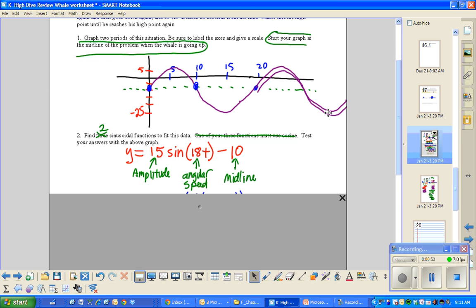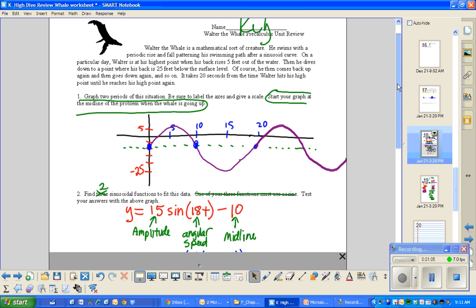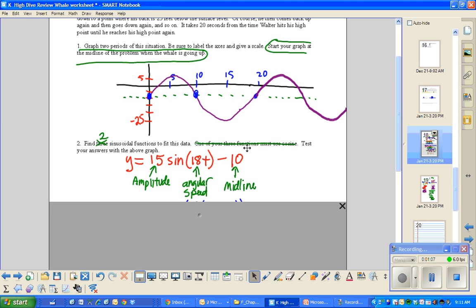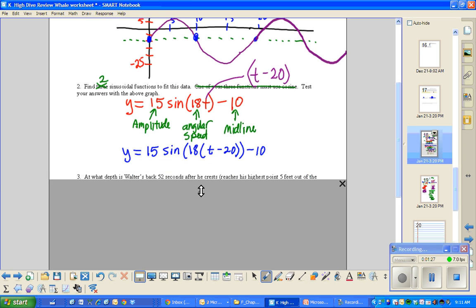If I move it 20 to the right, which is 20 seconds or 20 minutes maybe, all I'm going to do to change that is replace the t with t minus 20. That moves the graph to the right 20 units. Okay, so that's one answer.